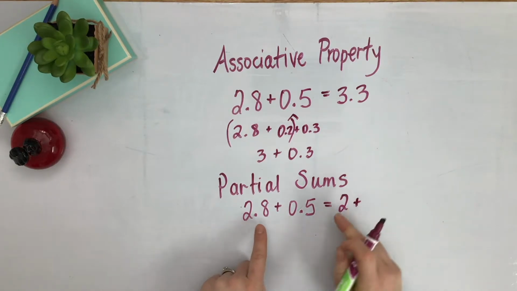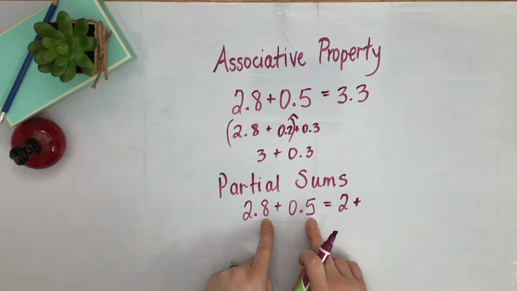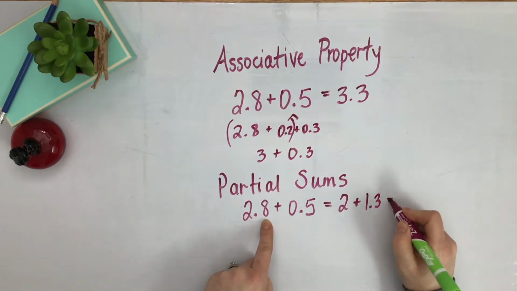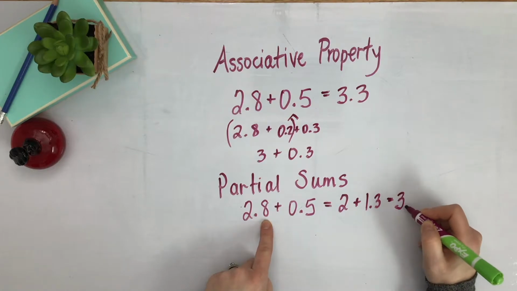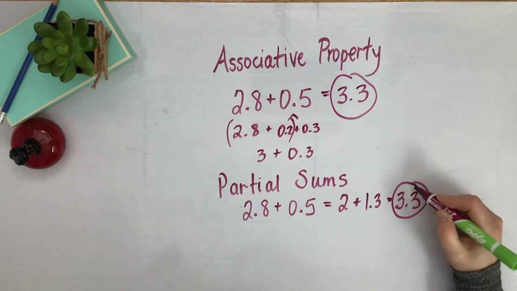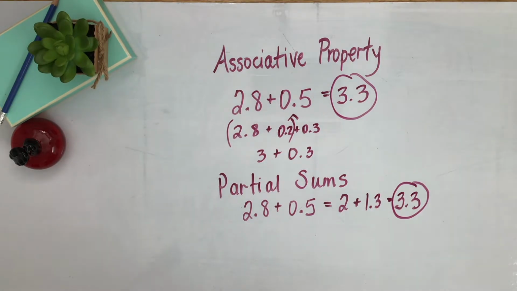And then I'll look at my tenths and say, altogether I have 13/10, which looks like 1 and 3/10. And I'll just group those together. Okay, so these are just two strategies we can use to do addition mentally with decimal numbers in our heads. So for each question we encounter, you can use whichever strategy works best for you.